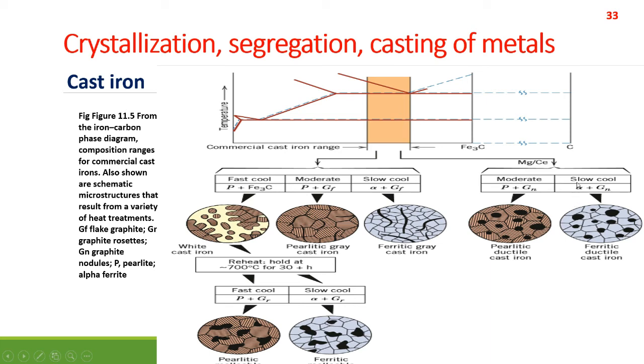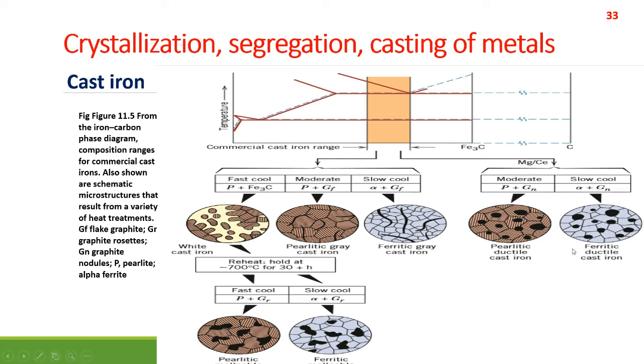On the other hand, if you cool down the mixture slowly, you get a combination of alpha ferrite and again this nodular or circular graphite. Here you see this white portion is your alpha ferrite, and this black portion is your nodular graphite.